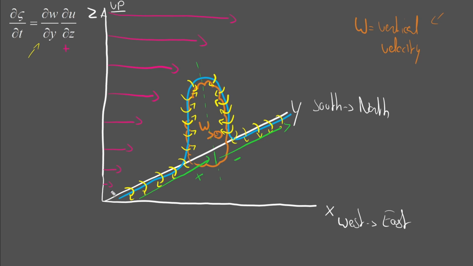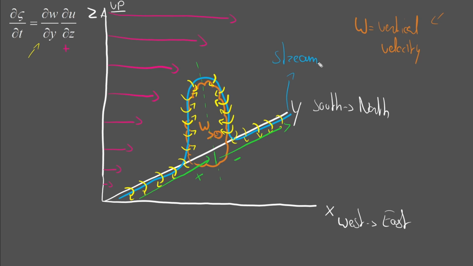We have an updraft, which tilts the horizontal vorticity because of du dz being positive everywhere throughout the complete depth of the atmospheric column. We start with initial horizontal vorticity. We put in a thermodynamic updraft in here, and it pulls this horizontal vorticity into the vertical. And this blue line is what in fluid dynamics is called a streamline.